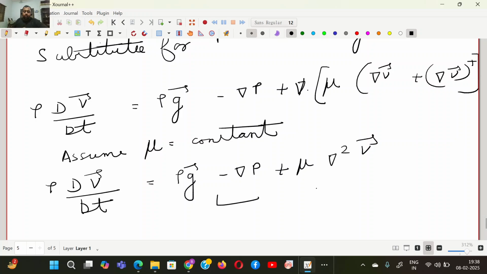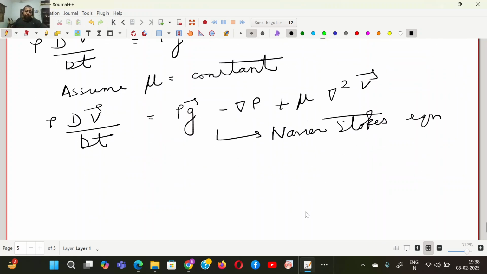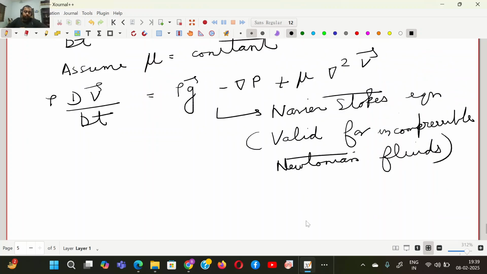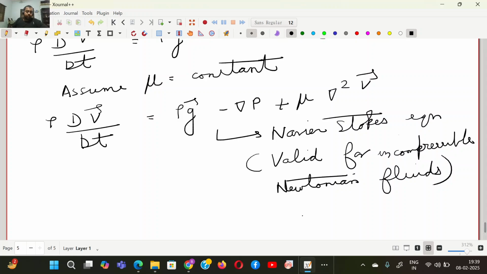This is the famous Navier-Stokes equation. It's valid for incompressible Newtonian fluids. This is a very important equation which will be coming through in many examples.